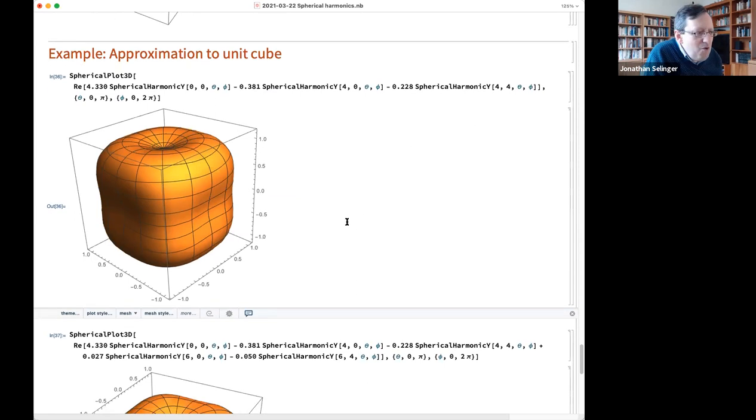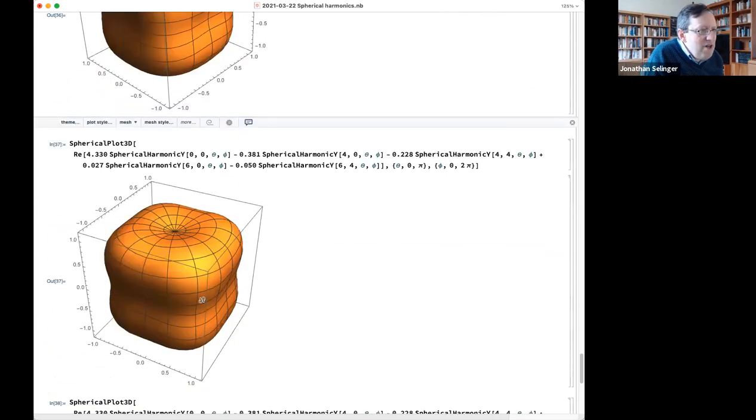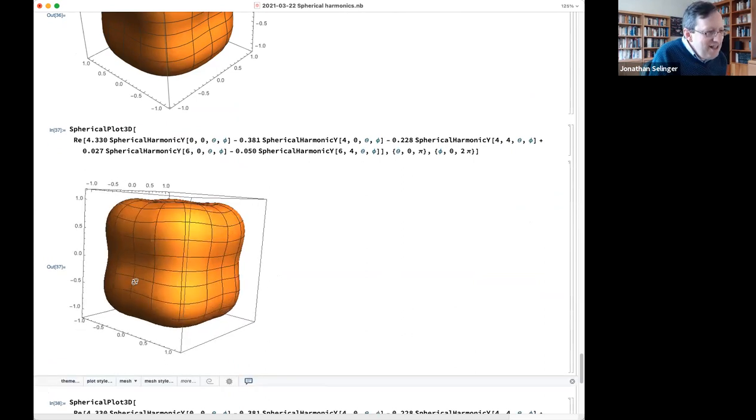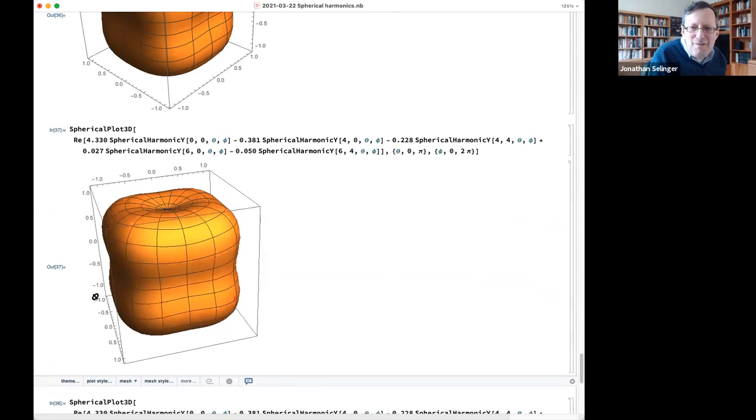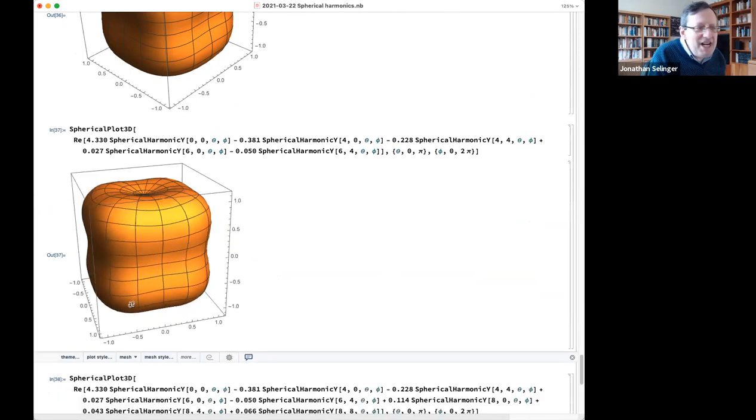So here I go up to the same 0, 0, 4, 0, 4, 4. Now I put in a little bit of 6, 0 and a little bit of 6, 4. And it's a little better. It's closer to a cube. The corners are getting sharper.